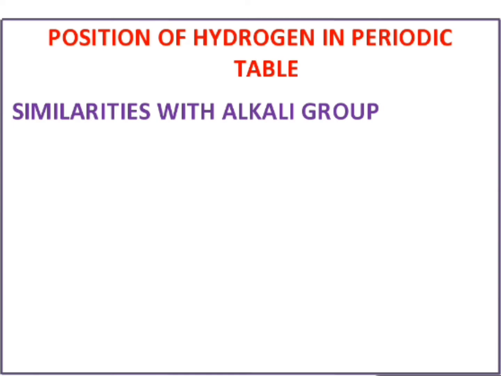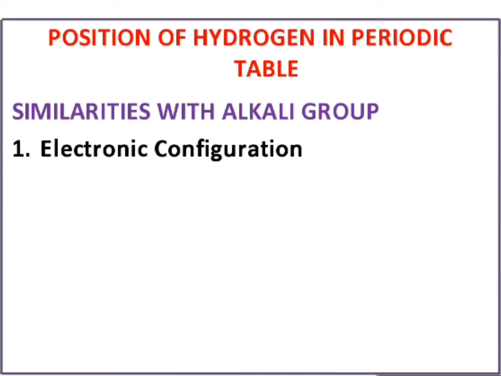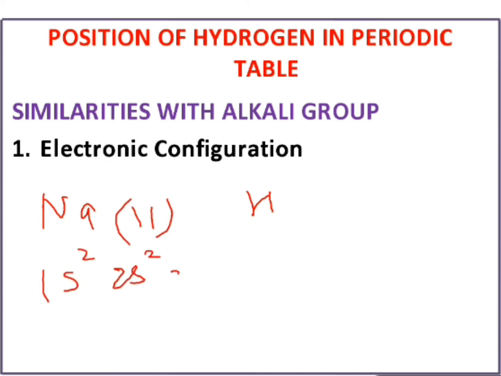So we see the similarities with alkali groups. First is electronic configuration. In the alkali group, first is sodium, and here I am writing hydrogen. Sodium, atomic number 11, has configuration 1s2, 2s2, 2p6 and 3s1.